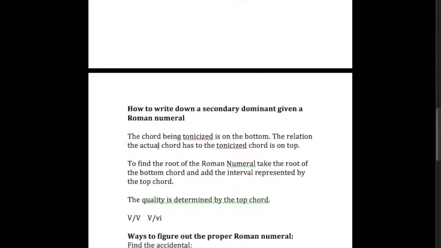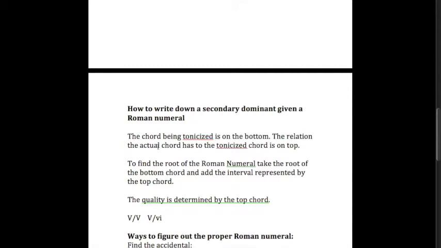So that means that you add a major 7th to the root of the 6th chord, or in this case to an A, and so that gives you a G sharp. So the root of a 7 of 6 in C major is a G sharp.